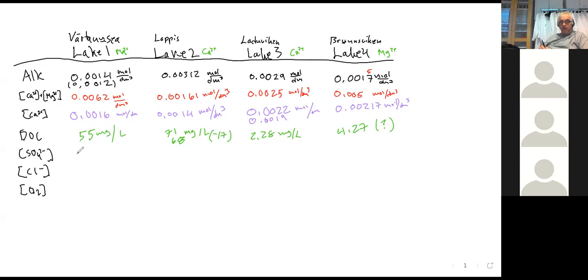I did Lake 1 and 2, but I didn't know how to calculate this. What value did you get? Did you identify the barium sulfate? Which of the barium sulfate solutions was it?